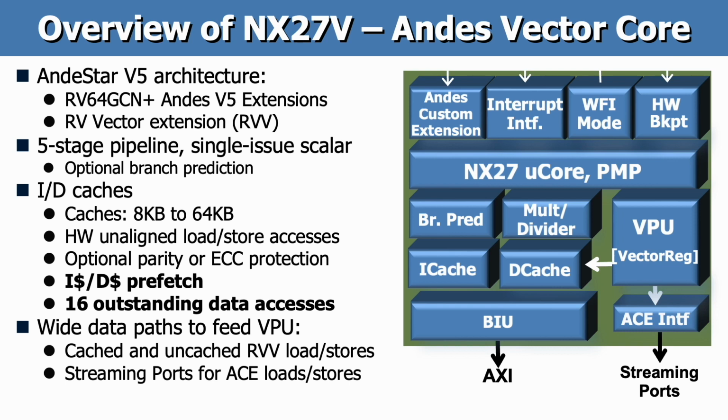Then these caches or bus interfaces are improved, the instruction and data prefetch, and 16 outstanding data accesses. This is high performance memory system that feeds the VPU by standard RISC-V vector loads and stores and streaming ports you built using our Andes custom extension to accelerate loads and stores as well.